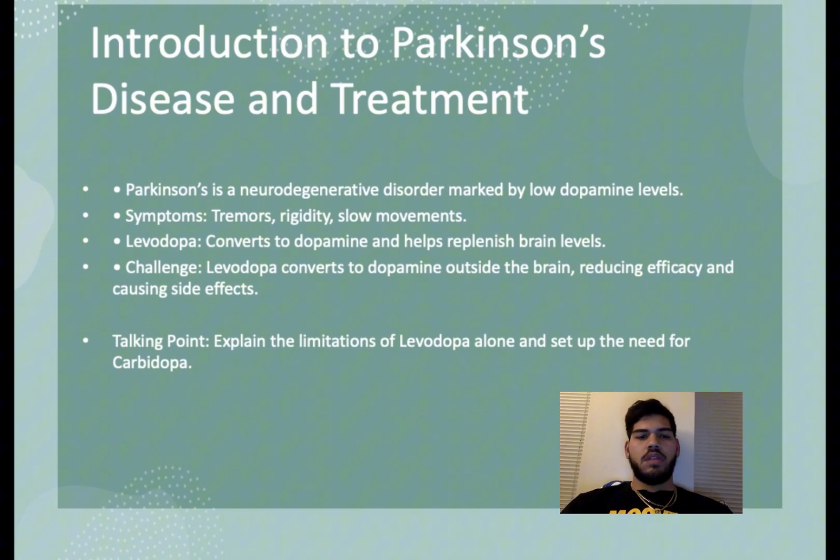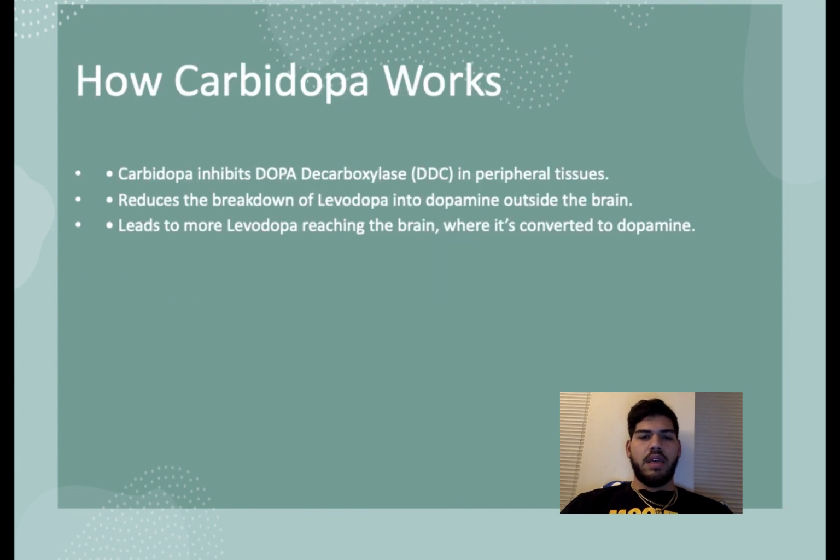Carbidopa's role is to inhibit an enzyme called DOPA decarboxylase, or DDC, which converts levodopa to dopamine outside the brain. By blocking this enzyme in the body's peripheral tissue, carbidopa prevents levodopa from converting to dopamine too early, allowing more of it to reach the brain.